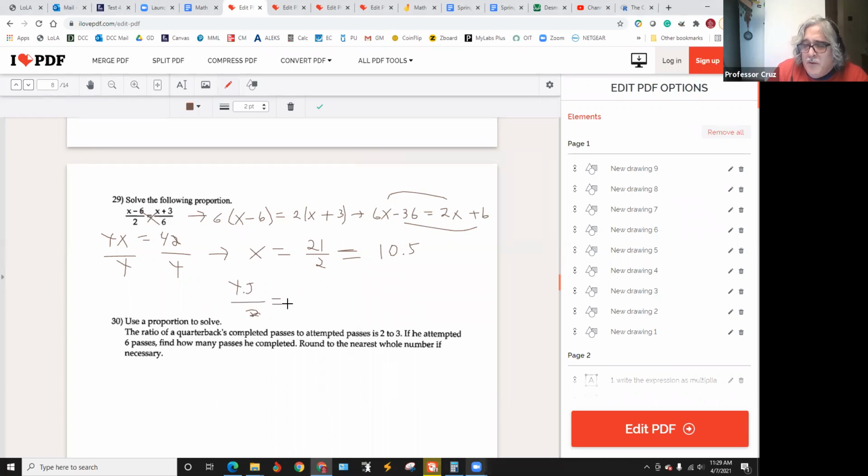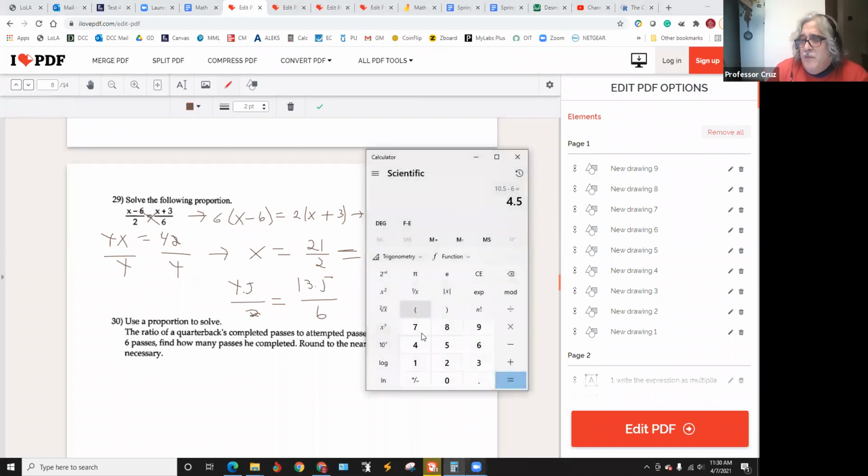And you can't really rush with this thing. So 10.5 plus 3 would be 13.5 over 6. So just watch. 4.5 divided by 2 is equal to 2.25.